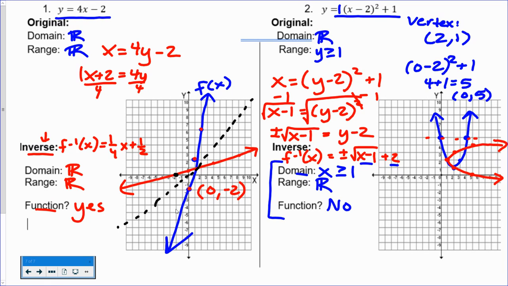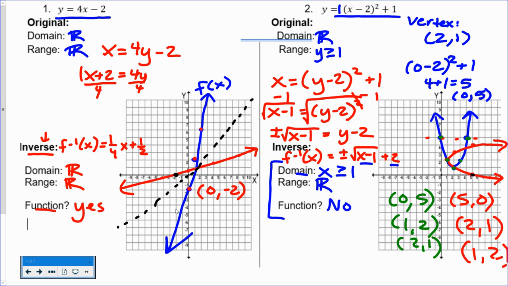Okay, another way you can graph the inverse as well: you've got these 5 points from your original function. So I've got the point 0, 5. I've got the point 1, 2 and 2, 1. So then on my inverse, I'd have the points 5, 0, 2, 1 and 1, 2.